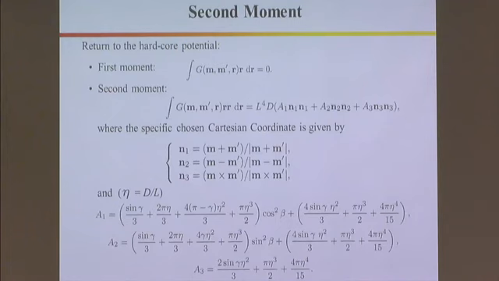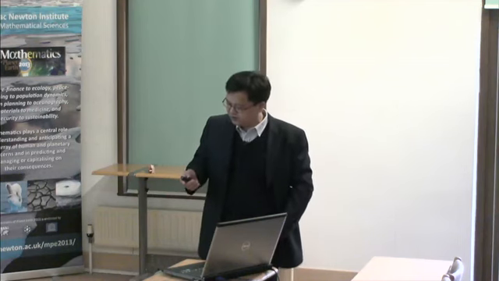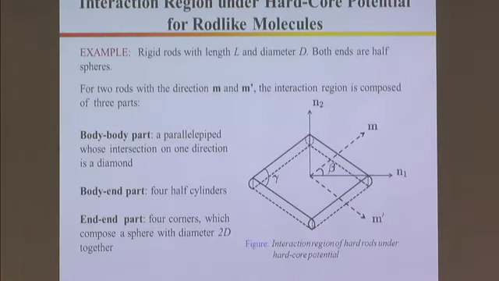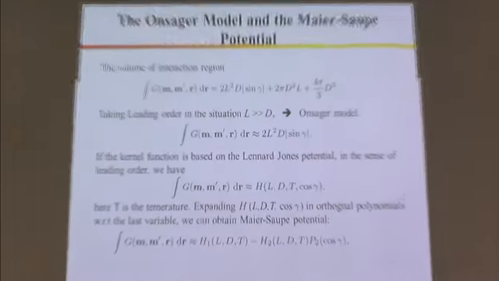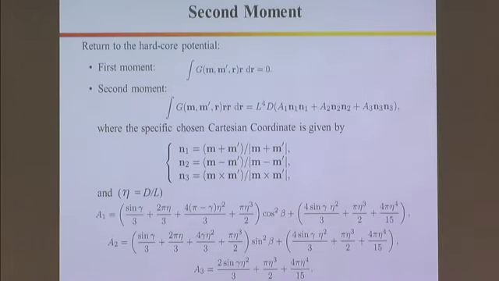For example, let's see what N1, N2, N3 are. Then we can get A1, A2, A3. So you can get exactly like Onsager did: you can get A1, A2, and A3.